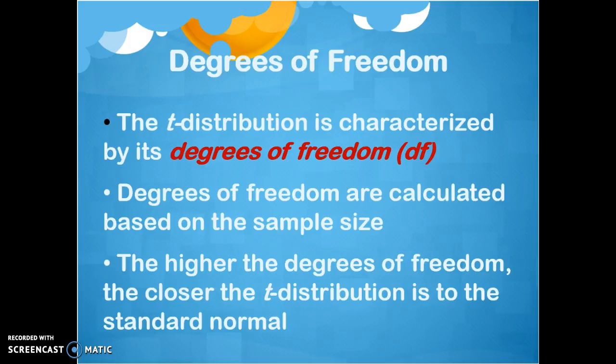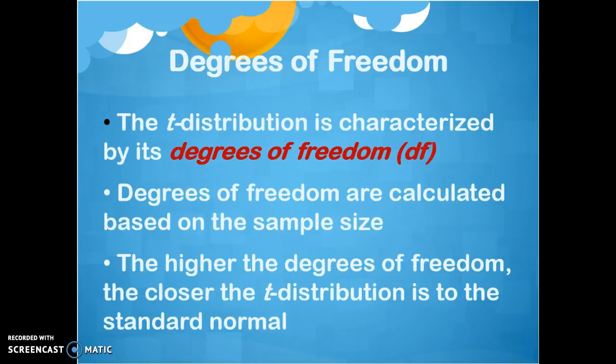The way we characterize this shape change, depending on sample size, is called degrees of freedom. Degrees of freedom is a whole separate concept I'm not going to get into here; I would want to talk about that separately. But it's a way to measure basically how much information we're getting from our sample. That's a very loose interpretation, but I'm just trying to give you something to latch on to, because degrees of freedom is a very garbled term.